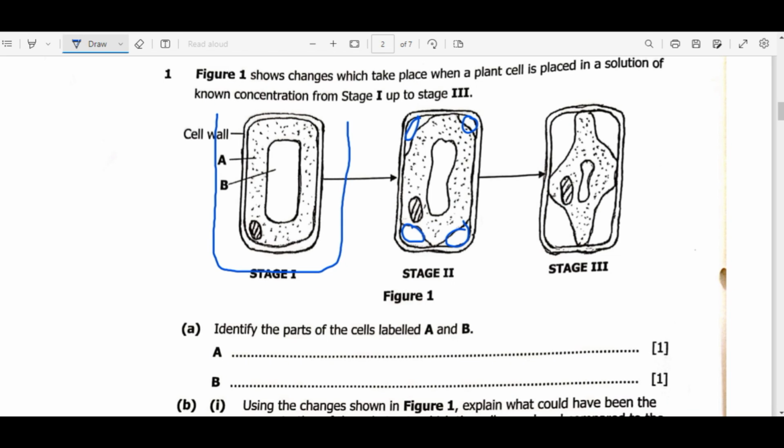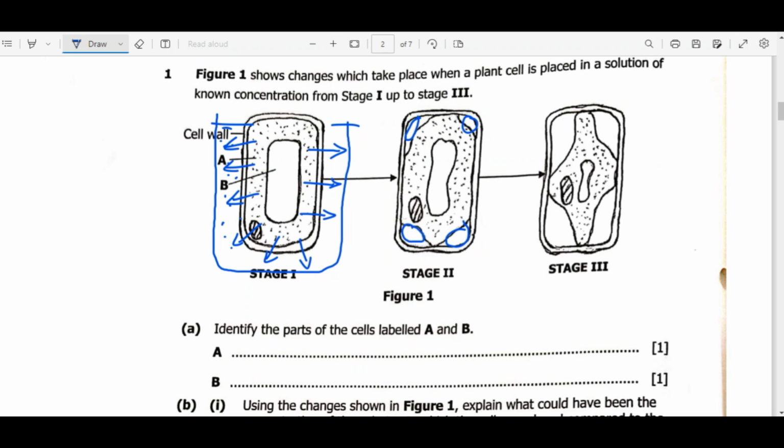So to summarize our concept on this question, it's a question that is dealing with the placing of a plant cell in a solution where the plant cell loses, not gains. So the key is about which party is losing water between the solution and the cell. In our case, water is coming from the plant cell into the solution. So it's very important to identify which one is losing water.